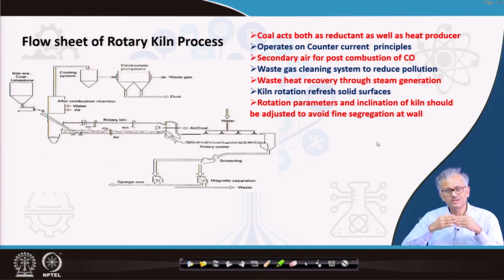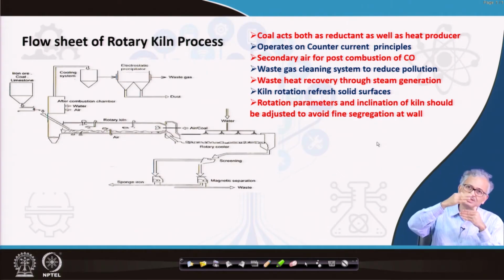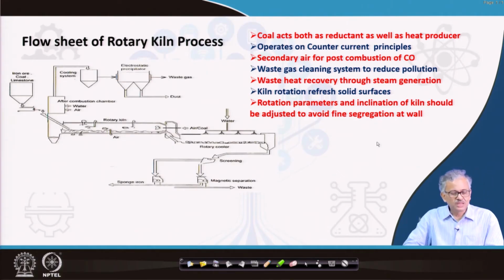So as a result, and since it is rotating, there is a chance of size segregation. That is, the fines will try to stick to the wall and the coarser particles will try to move towards the free surface, okay. So that tendency is there.